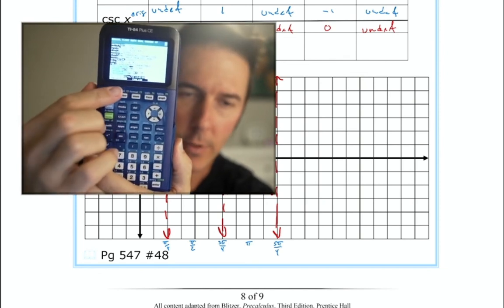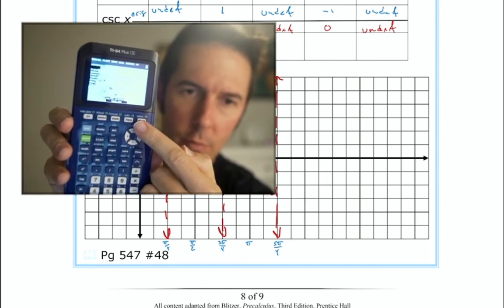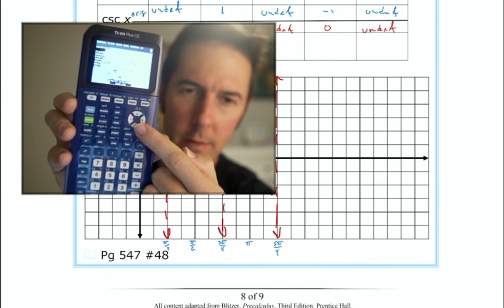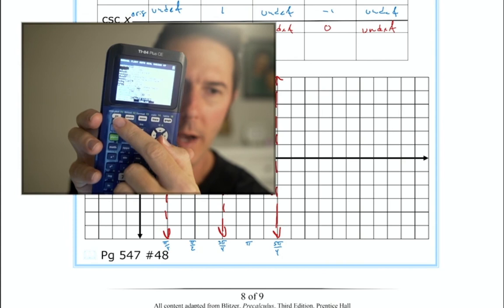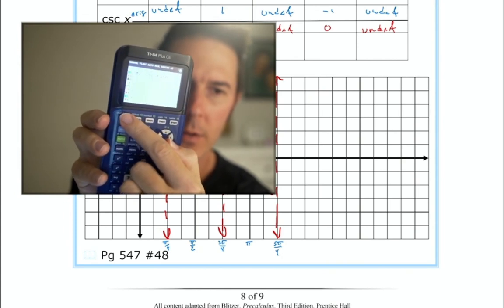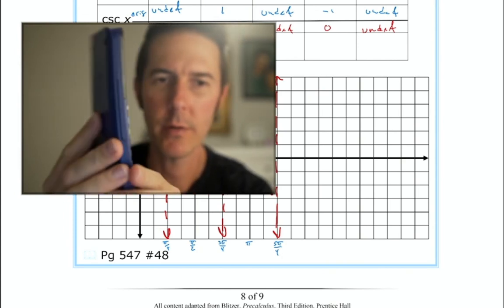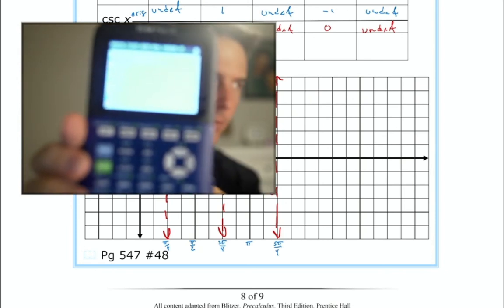Anyway, scroll down a couple to radians. Make sure you're blinking on radians. And then if you go into here and you click the y equals button, you can type in the equation. Unfortunately, it's tough to see.